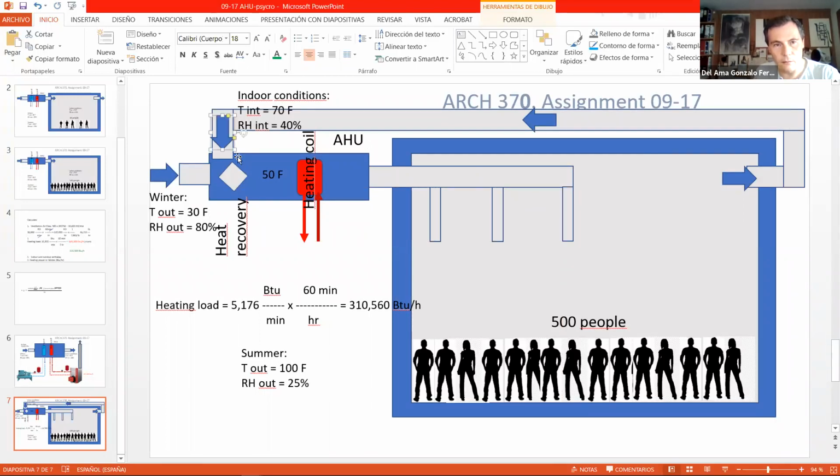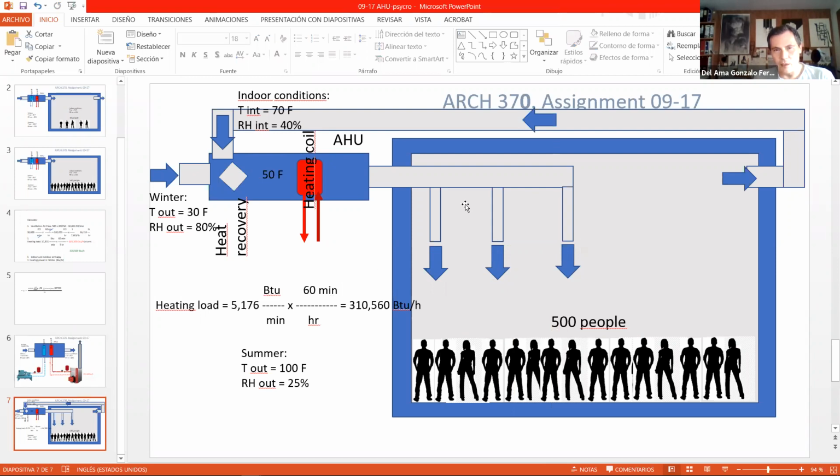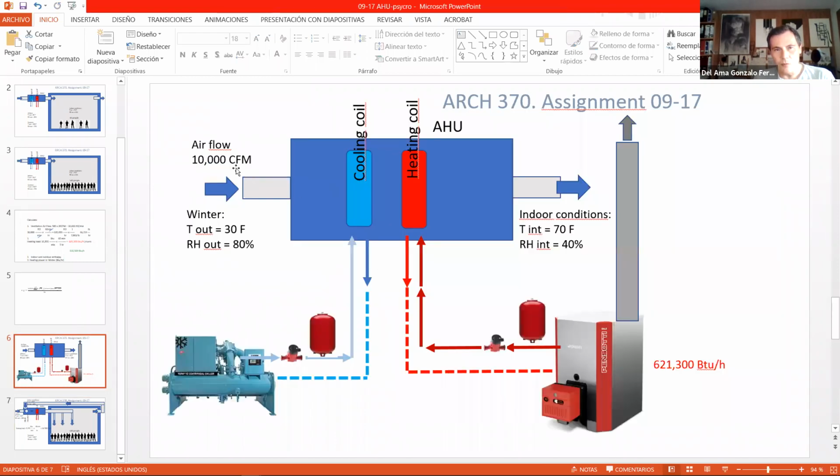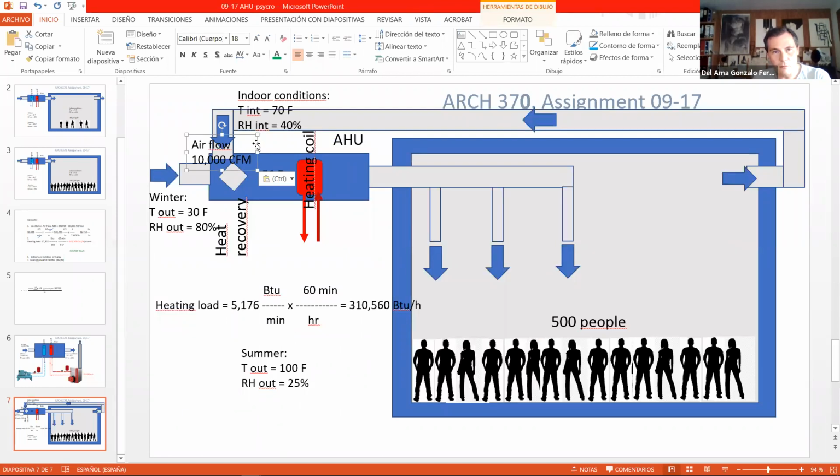And here we have 3 arrows. Like this. And well, this is important because the total airflow, it was 10,000. Okay, so the total airflow is 10,000.